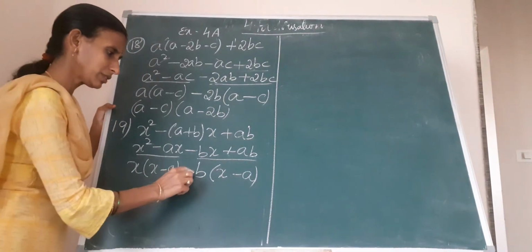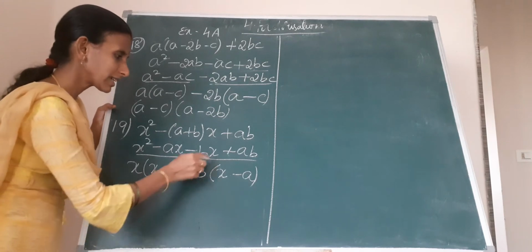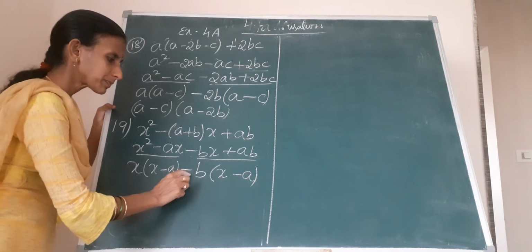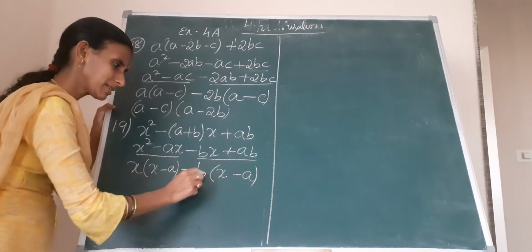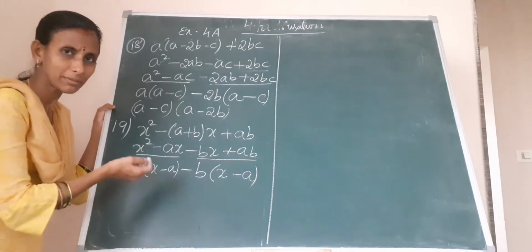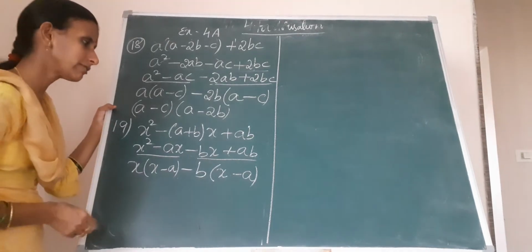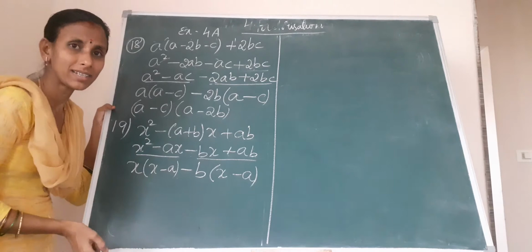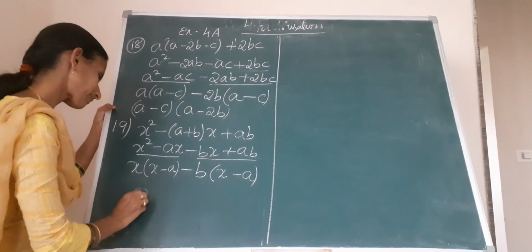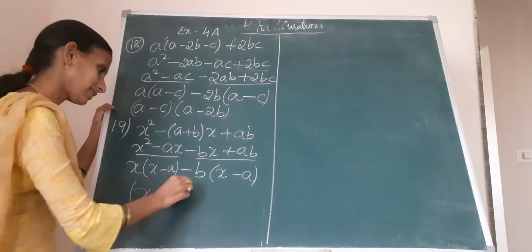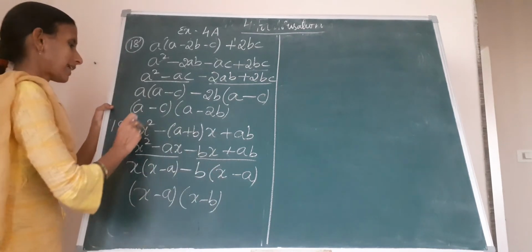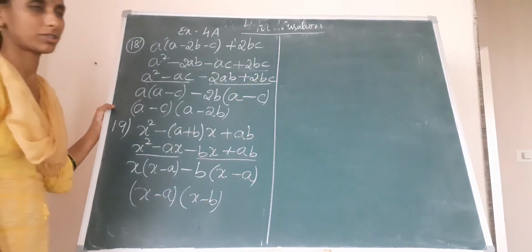See, whenever you multiply this back, you will get the same thing. Minus b into x is minus bx. Minus into minus is plus, b into a is ab. So we are getting the same thing. Okay. So be careful while doing this. Now in both, x minus a is common. X minus a into x minus b are the factors of this expression.